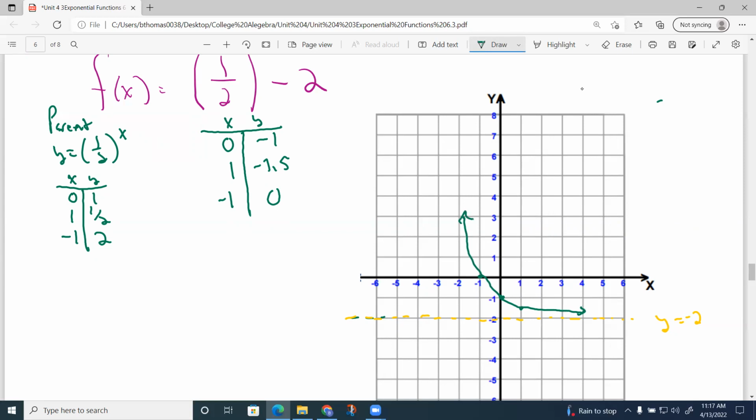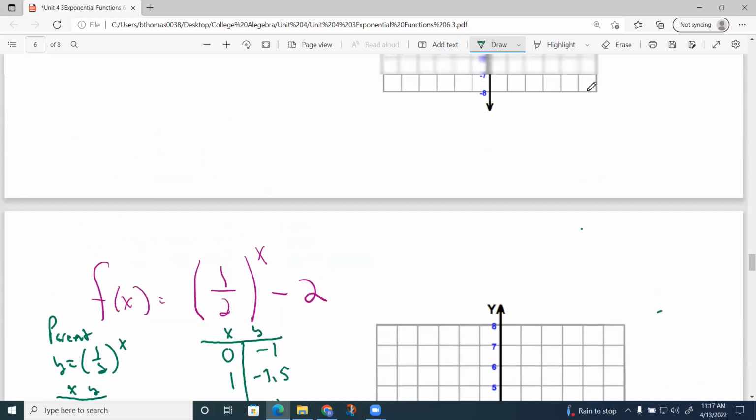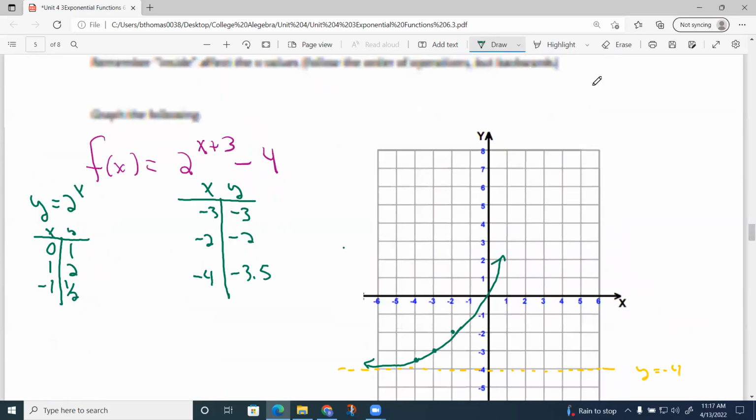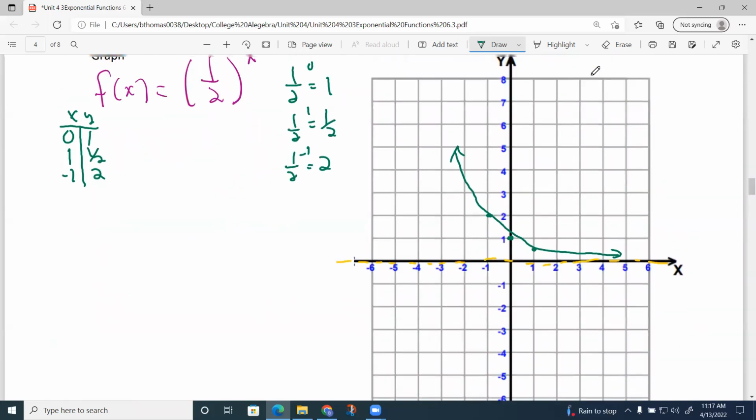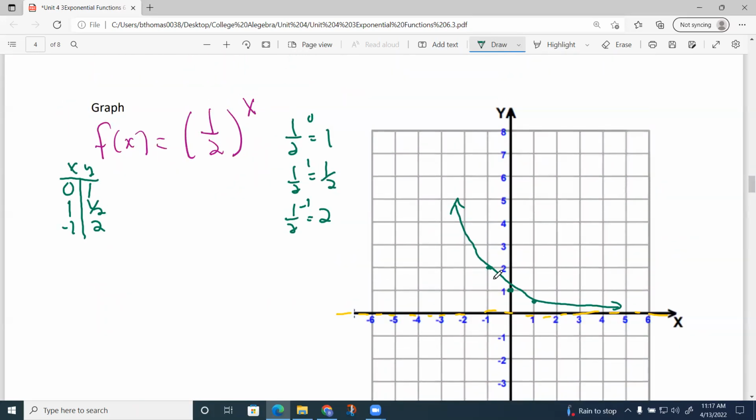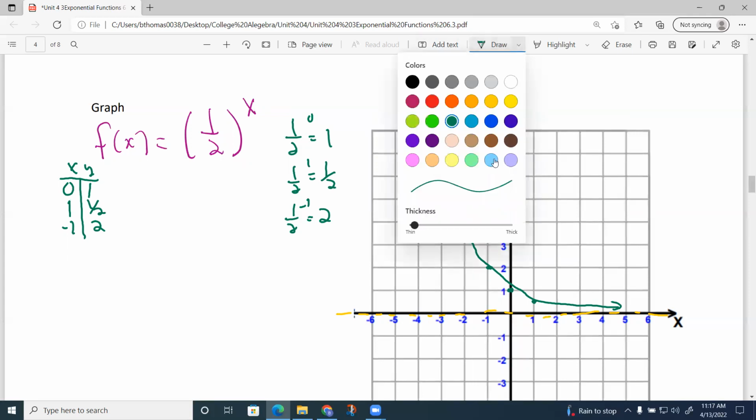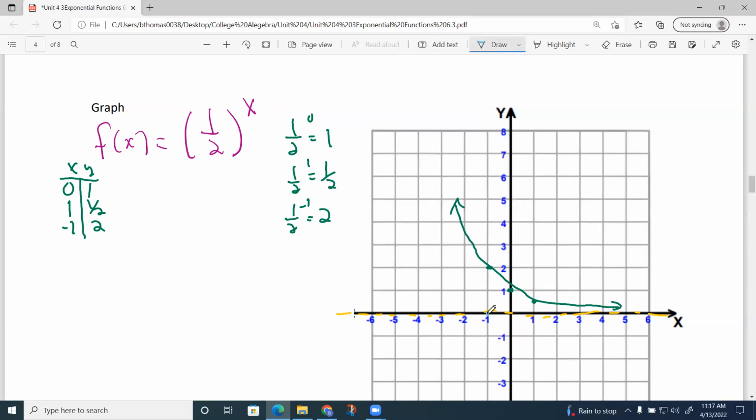So that should be what the graph is. So it should look just like (1/2)^x up here. Let's see where I can find that one at. So notice how it's that graph there, but everything's just been shifted down too. So this point went from here down to -1, 0. 0, 1 dropped down 2, and went down to -1, and then this point dropped down 2, so it'd be -1.5.